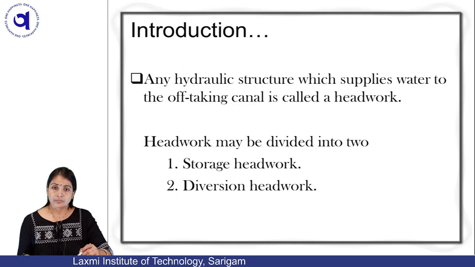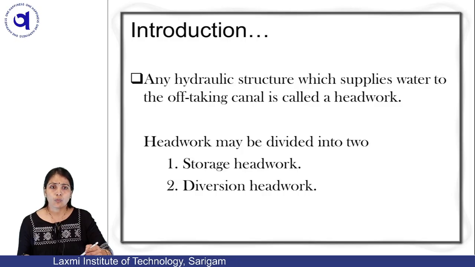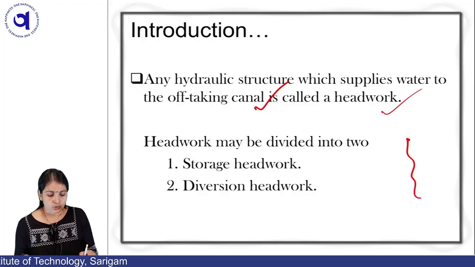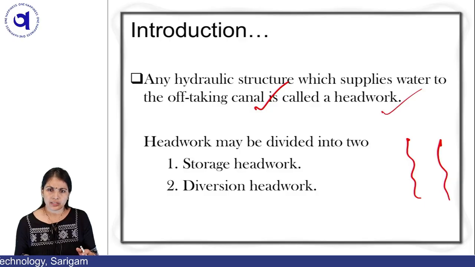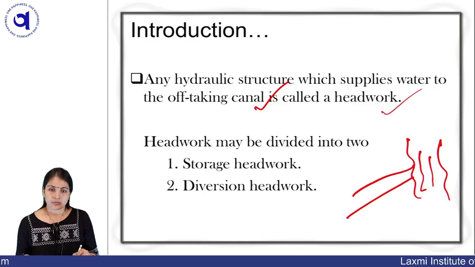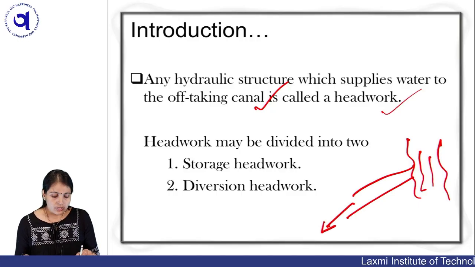So first we need to understand what we are calling headwork. Any hydraulic structure which supplies water to the off-taking canals is called headwork. Suppose you have a source of water, a river or any source of water, and you want to take water from it to canals, which you have to lay out where you want to irrigate your land.